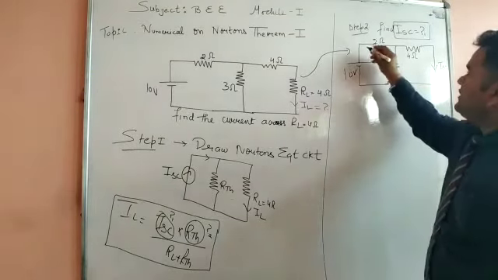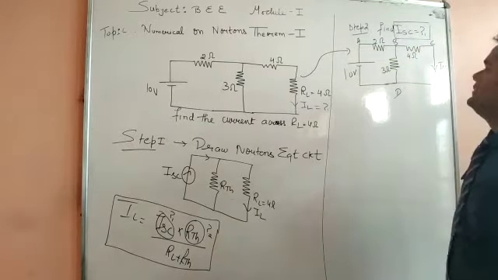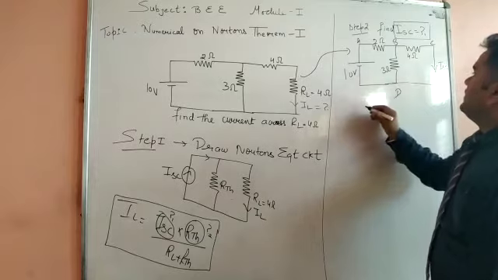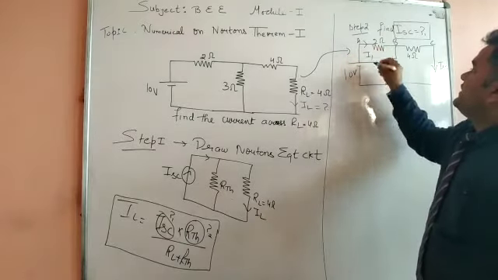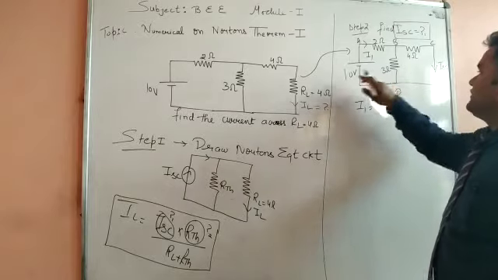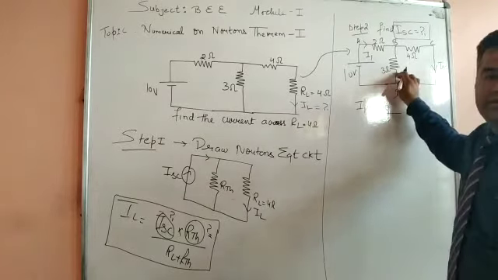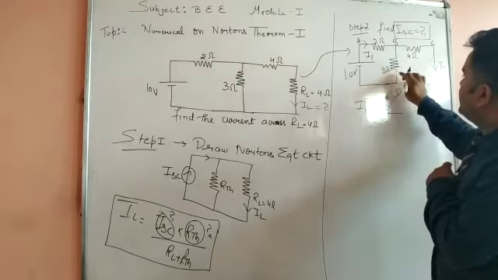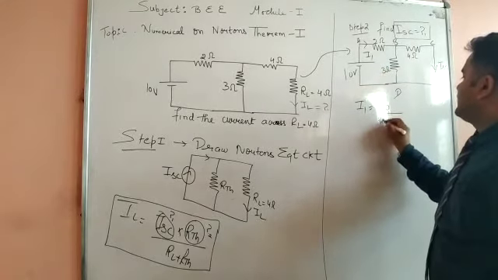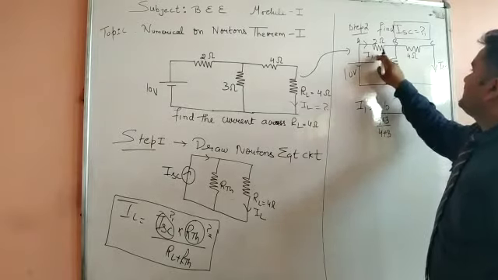Just name the nodes. Now let us suppose this is the incoming current I1. What is the current I1? That is voltage upon resistance. 4 and 3 are in parallel. If you see, 4 and 3 are in parallel. That is 4 into 3 divided by 4 plus 3, and in series with 2.